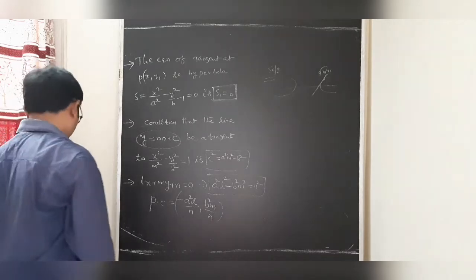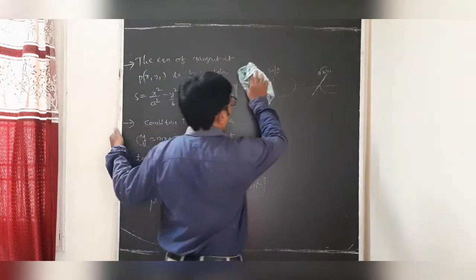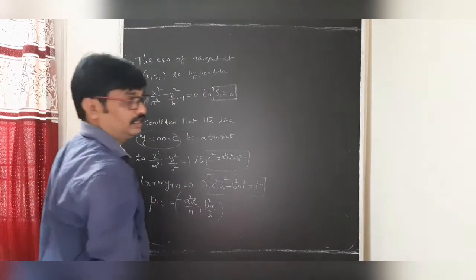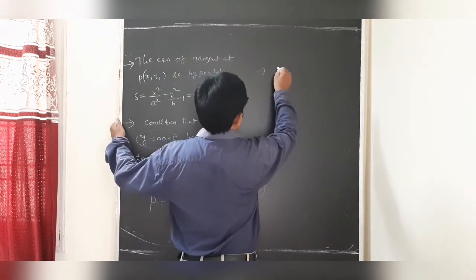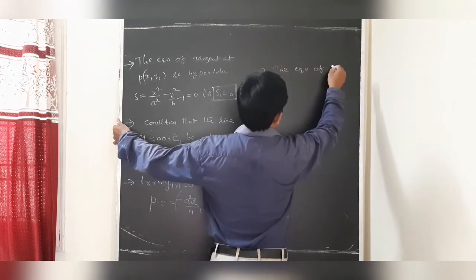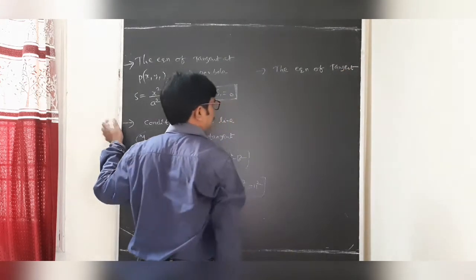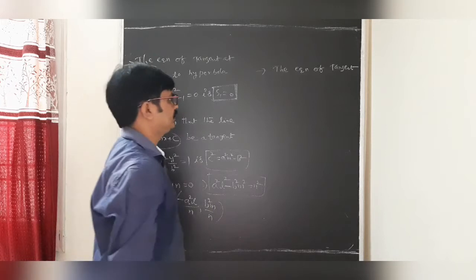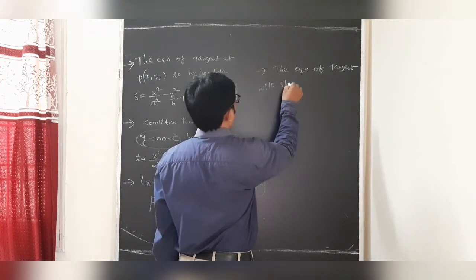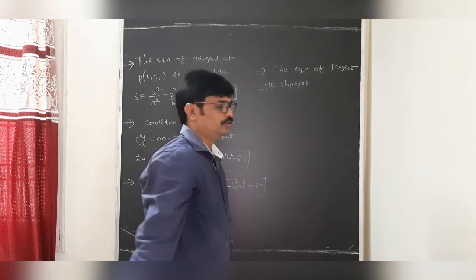Okay students, right now we have the equation of the tangent with slope m to the hyperbola. Now we take another form: the equation of the tangent with slope m drawn from an external point to the hyperbola.